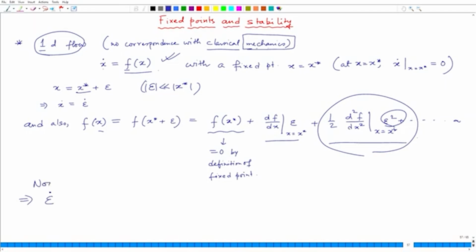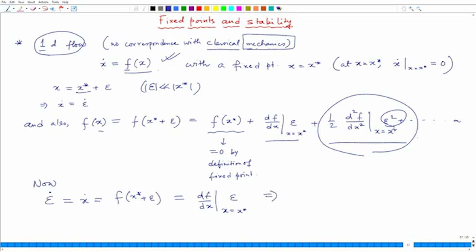So now epsilon dot, which is equal to x dot, is equal to f of x star plus epsilon, and that is equal to df dx at x is equal to x star times epsilon.